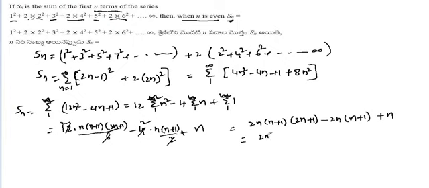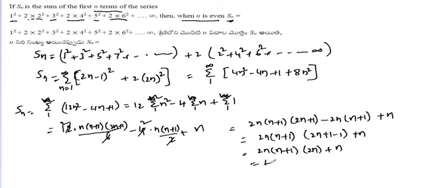So taking 2n into n plus 1 common, that is 2n plus 1 minus 1, plus n, that is equal to 2n into n plus 1. Here 1 cancelled, that is 2n, so 4n square into n plus 1 plus n.